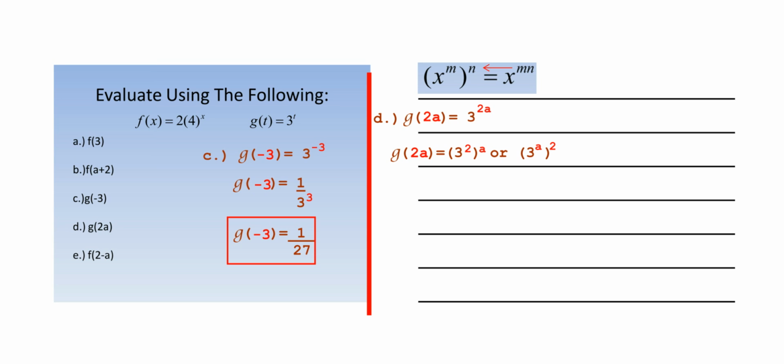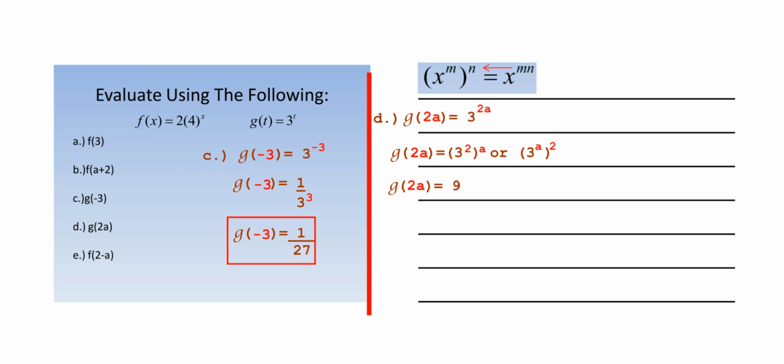But do notice the second option, the one that's after the or, may not be the best choice because we would have to do 3 to the a first. 3 to the power of a, well, we wouldn't be able to simplify at all because we don't know what the a value is. On the other hand, the first format, 3 to the power of 2 or 3 squared, we can do that one. We can simplify it. 3 squared means 3 times 3, which will give us 9. So yeah, that would work.